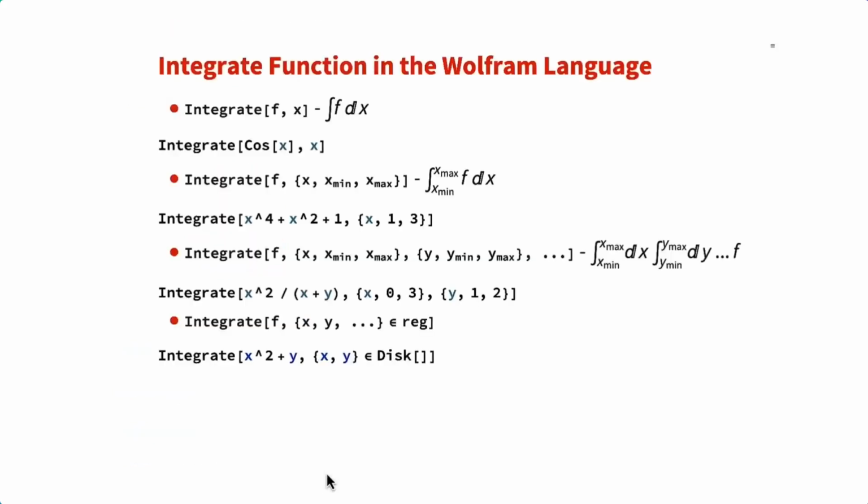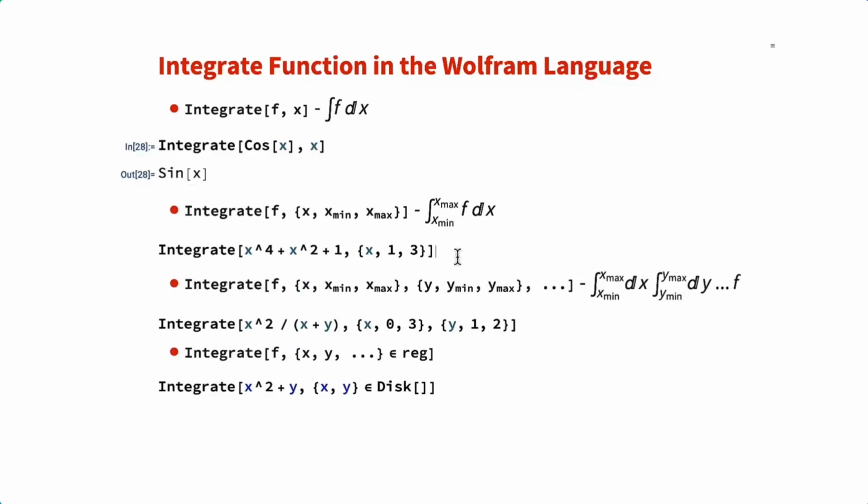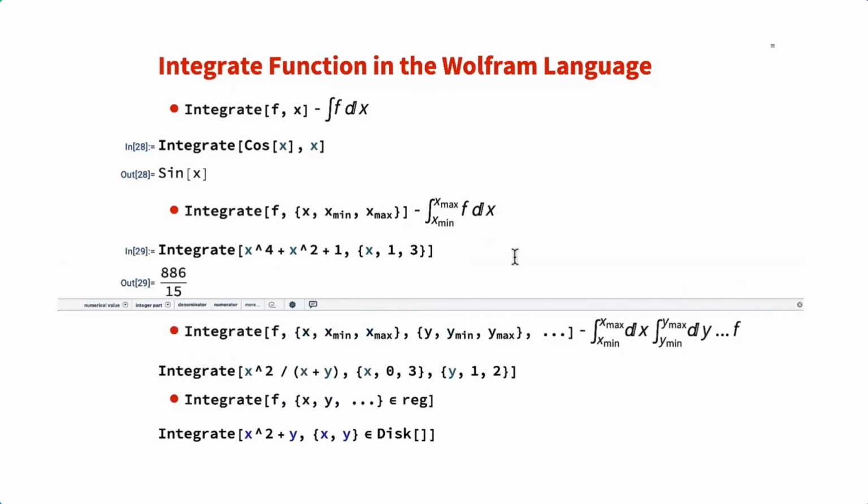Wolfram language has the same Integrate function for different types of integrals. Integrate[f, x] gives the indefinite integral of function f. Just like that, the indefinite integral of cosine is of course sine. Integrate[f, {x, xmin, xmax}] gives the definite integral of function f from xmin to xmax. Integrate[f, {x, xmin, xmax}, {y, ymin, ymax}] and so on is the multiple integral, for example.